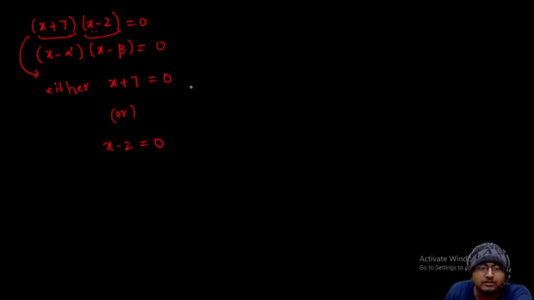So x plus 7 equal to 0 means what will you get? x is equals to minus 7. x minus 2 equal to 0 means what will you get? x is equals to plus 2. We substitute x equal to minus 7: minus 7 plus 7 is 0. x equal to plus 2: 2 minus 2 is 0. So x is nothing but minus 7 and plus 2.